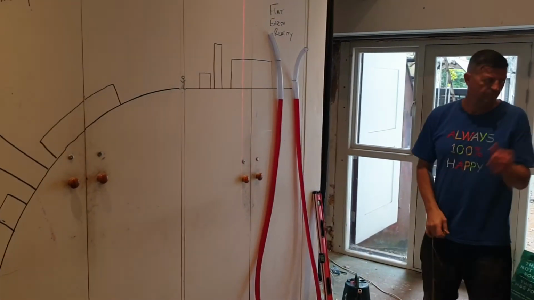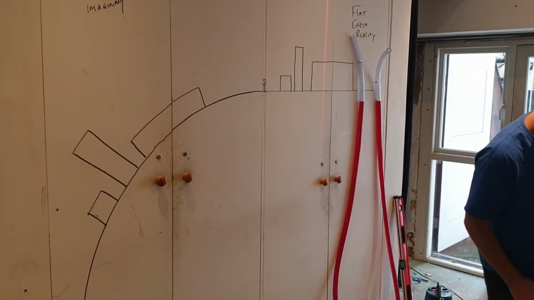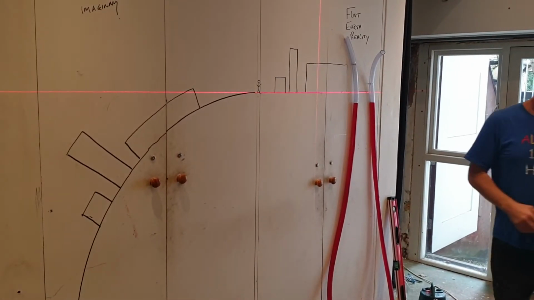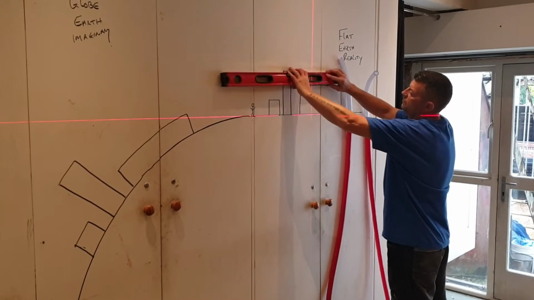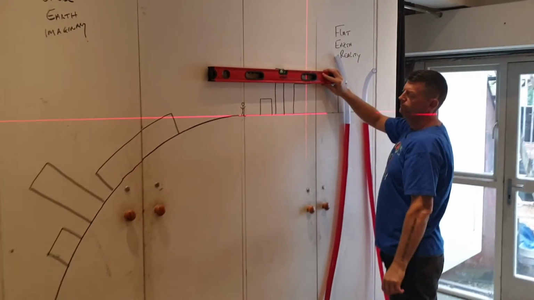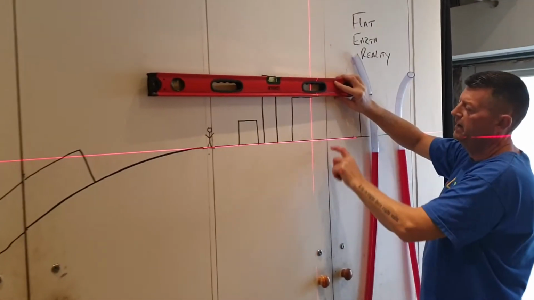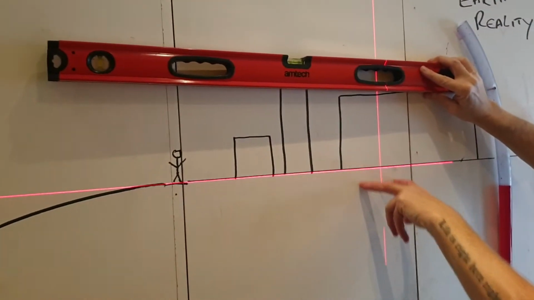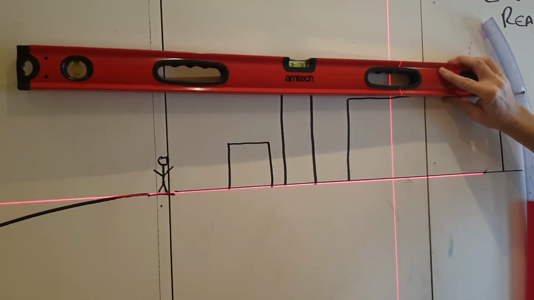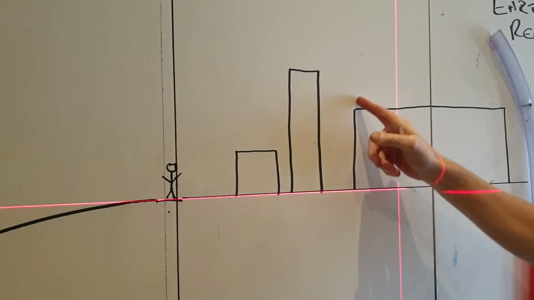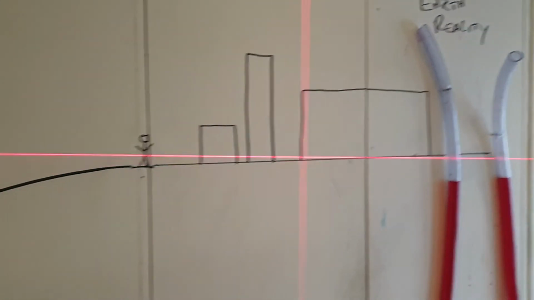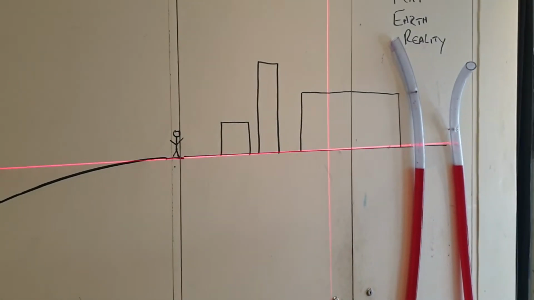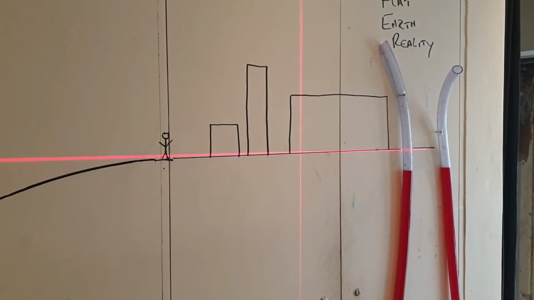In reality, using a laser or the spirit level, I could measure up from the line, or if I'm digging basements, I will measure down from the datum line. Again, with the vertical plumb, you would check the building with a plumb line, so you would aim the laser on the plumb line.